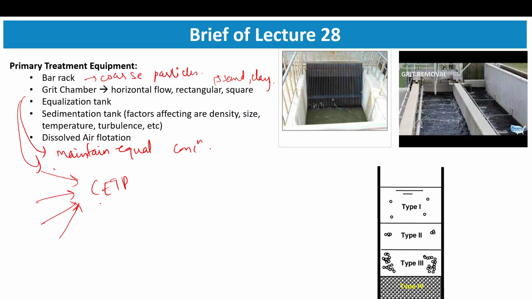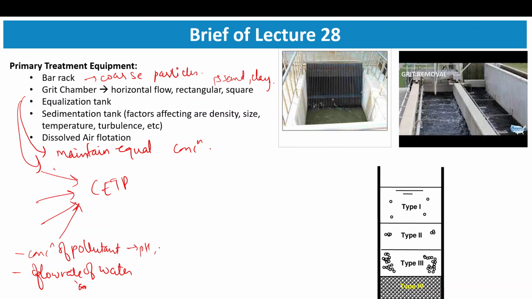Also the flow rate, or the amount of wastewater released by industry, will vary. So the concentration of pollutant is different, and the flow rate of water is different. They both are different.